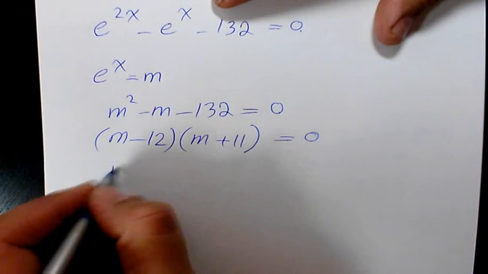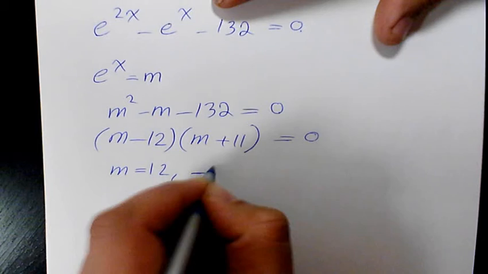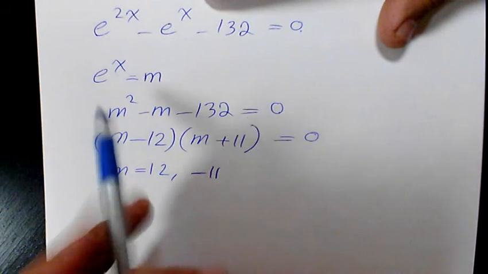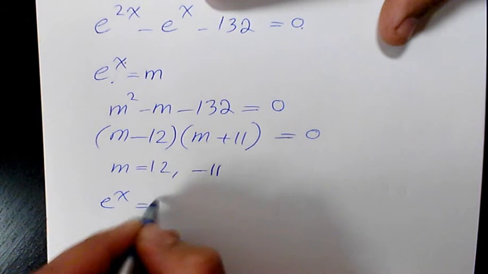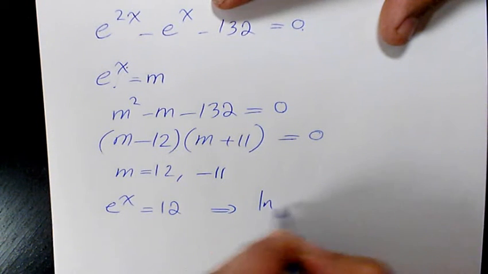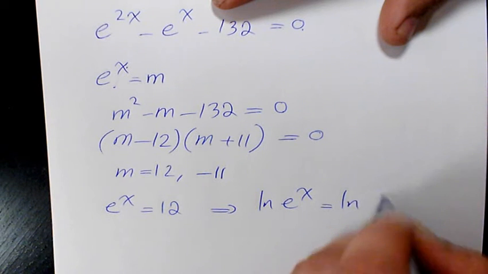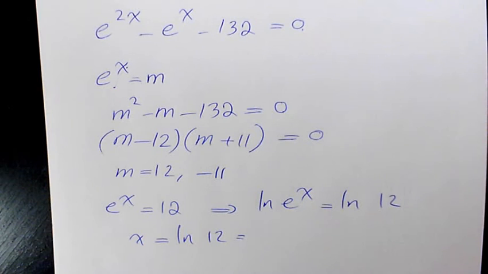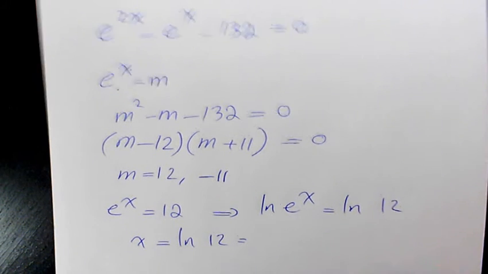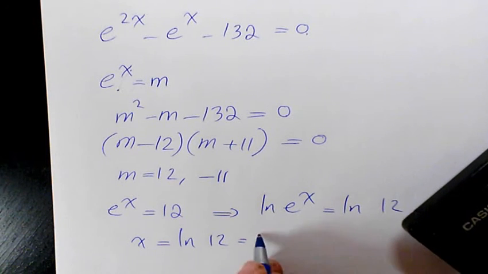So we have two answers, m equals 12 or negative 11. So obviously e to the power of x cannot be negative 11. So e to the power of x is going to be 12. So then ln e^x equals ln 12. So x is going to be equal to ln 12. So ln 12 is going to be 2.48.